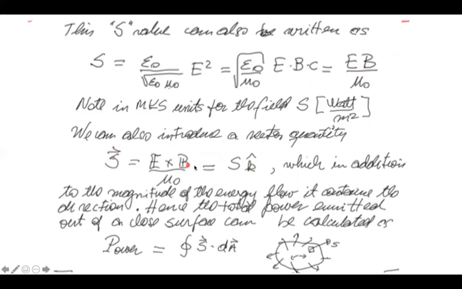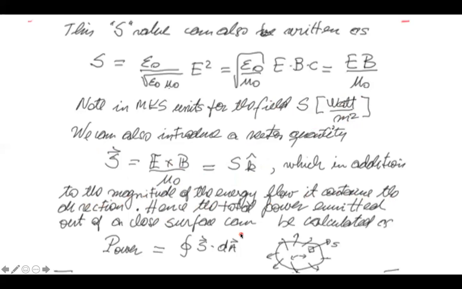E cross B, as I mentioned before, is the direction in which the field is propagating. So if we define S as a vector, E cross B divided by mu naught, it has the right value for the power, the rate of change of energy per unit time and per unit area, but also the direction in which that happens. So it contains not only the magnitude of the energy flow but also the direction.